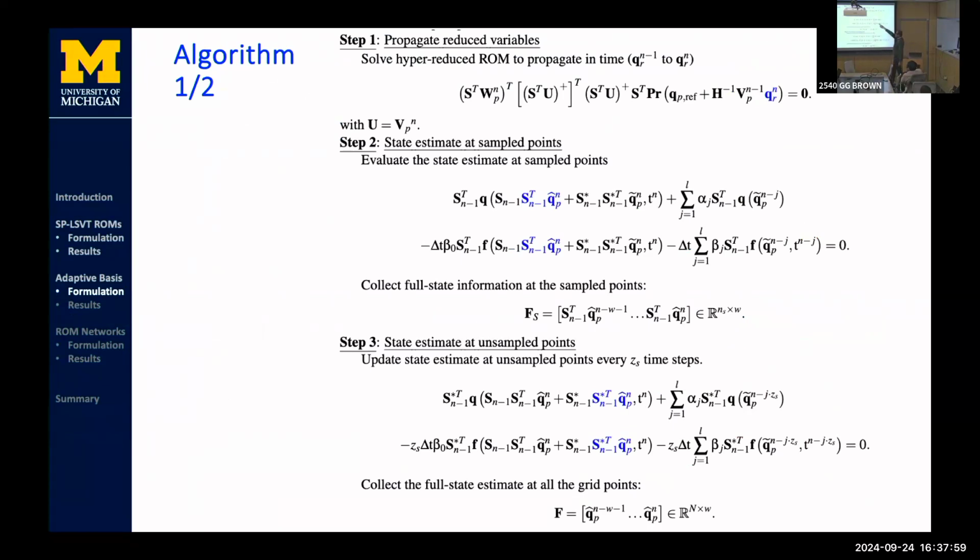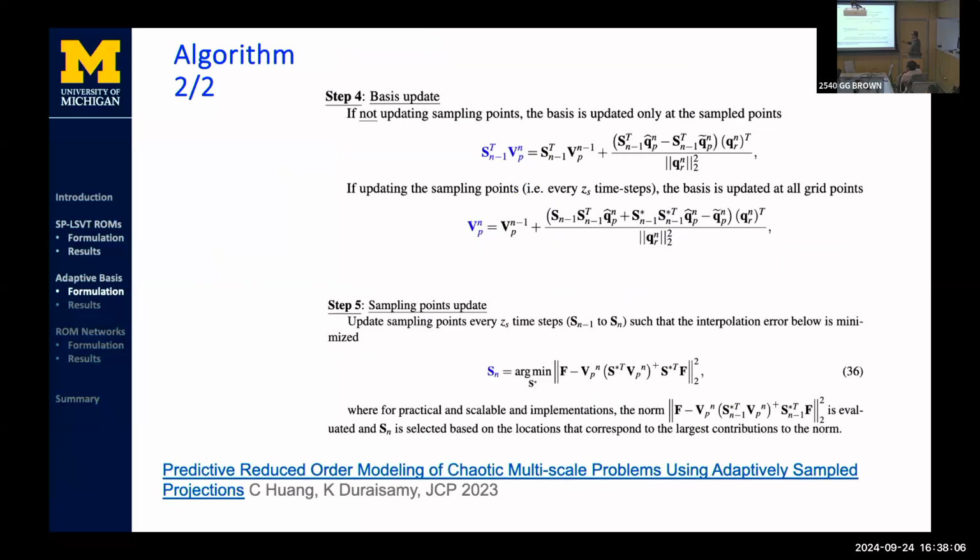Then we do a state estimate at some sample points, and then we update the basis. We update the basis at a few sampling points using this expression, which basically minimizes the difference between the estimated and the full solution. Then we also have to update the sampling points every few time steps, and that is done by minimizing this equation.